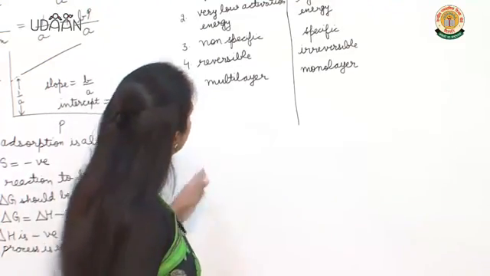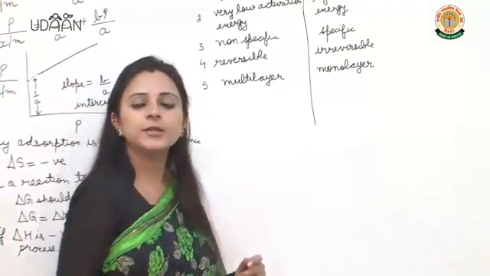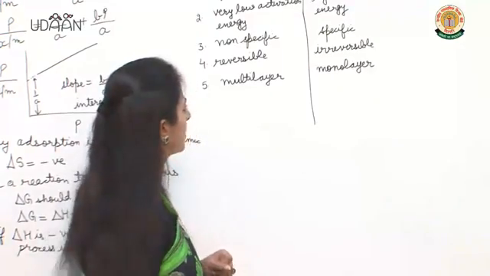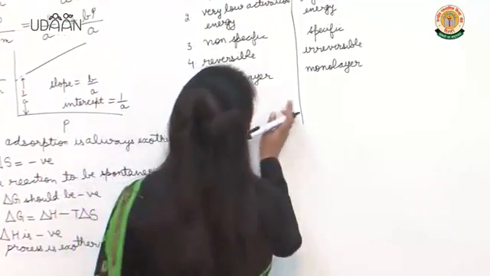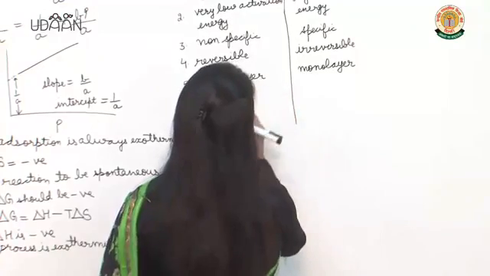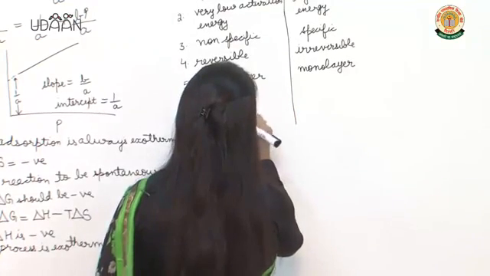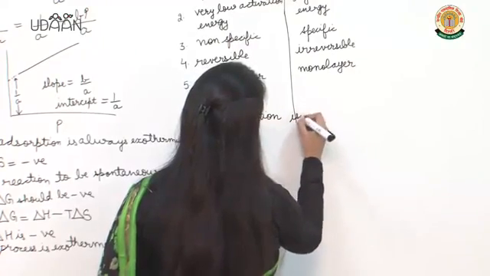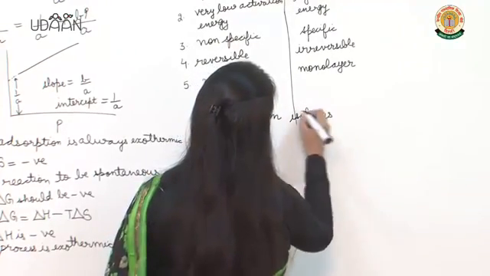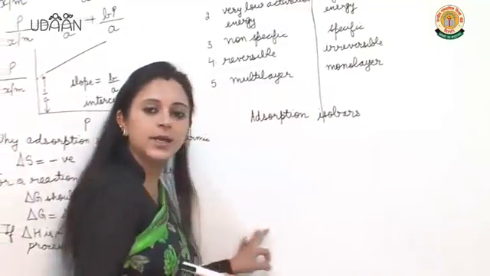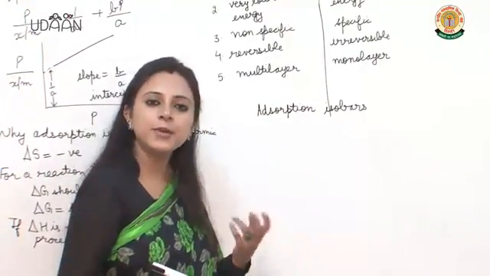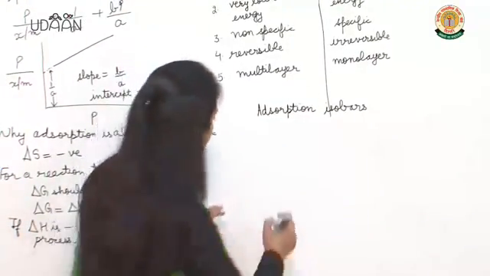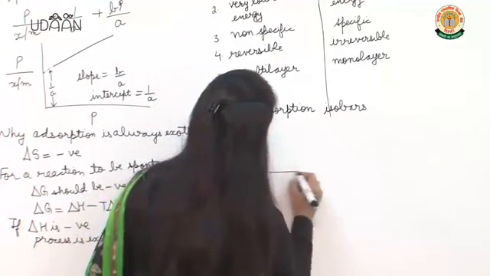So these are the differences between physical adsorption and chemical adsorption. Now we will understand the adsorption isobars for physical and chemical adsorption, and then the effect of temperature on them.